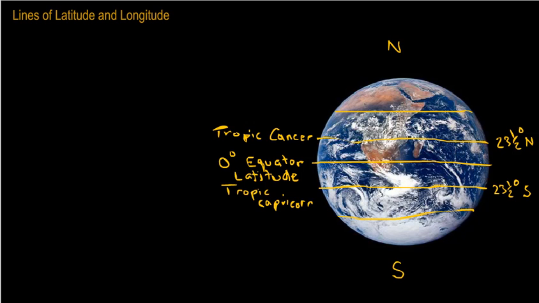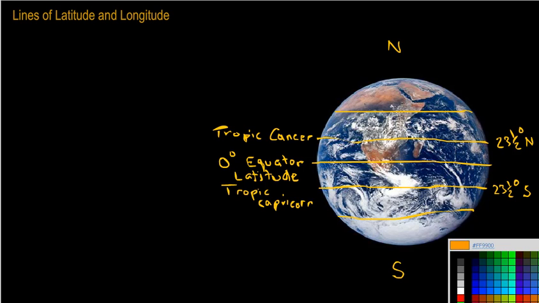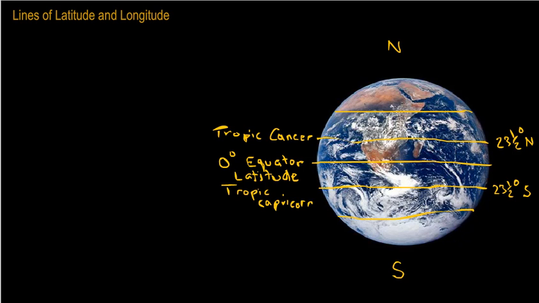The latitudes also refer to the type of climate that we have. So for example, between the Tropic of Capricorn and the Tropic of Cancer we have a tropical climate, hence the name Tropic of Capricorn. If we were to fill that in, we can tell that that's basically the tropical regions of the world.